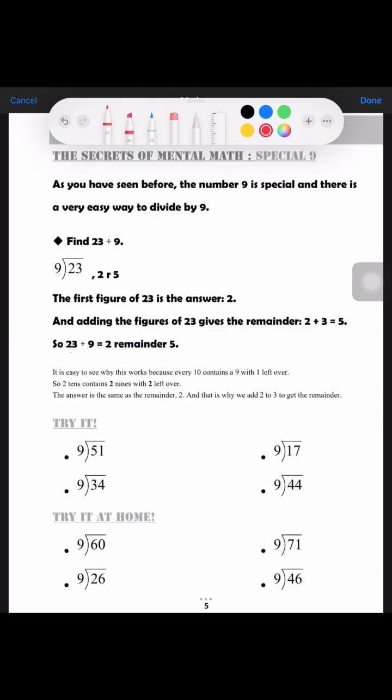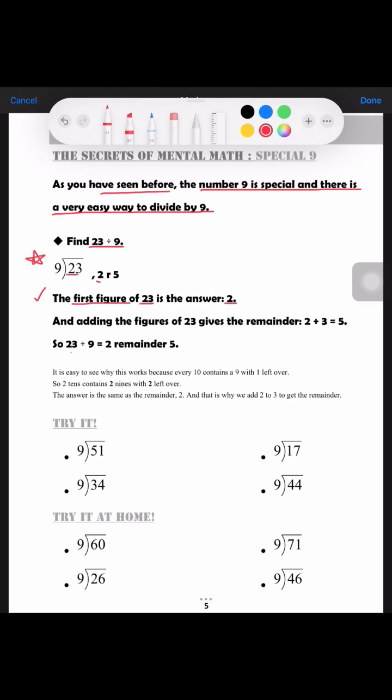Okay, let's turn to page 5. As you have seen before, the number 9 is special and there is a very easy way to divide by 9. For example, we need to find 23 divided by 9. How to calculate it is very simple. First, the first figure of 23 is the answer.